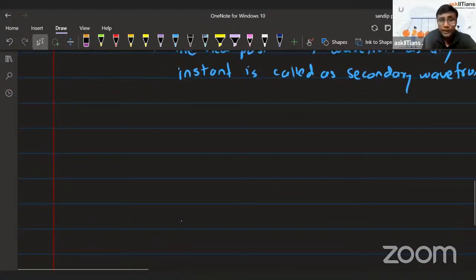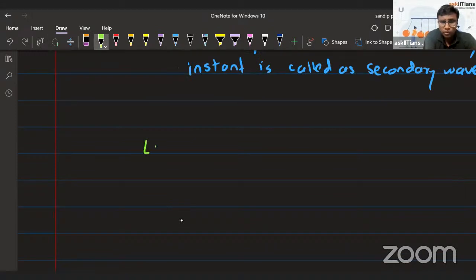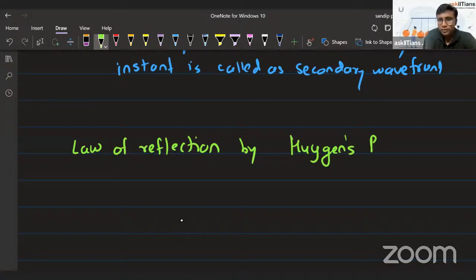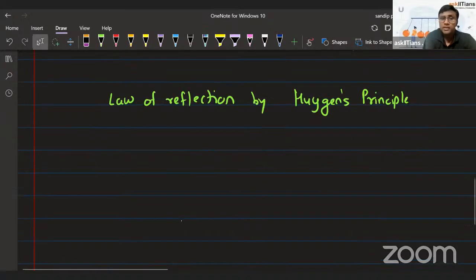Then now there is one important derivation we are going to do, that is the law of reflection by Huygens principle. Right? Let's try to understand what it says.